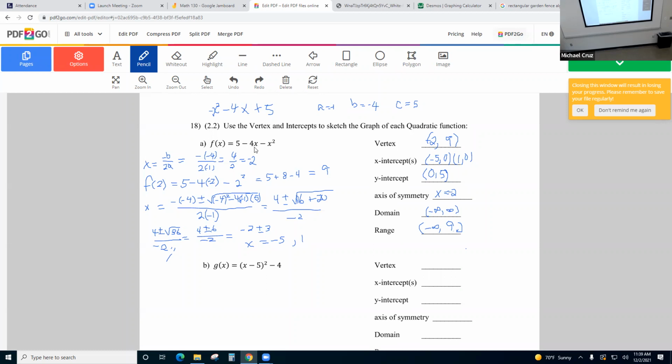If you put 0 there, you got 0. And so 5 minus or plus 0 is just 5. So when x is equal to 0, that's the definition of the y-intercept. So when x is 0, 5 is the only thing that's left. And since it's turned upside down, that's the high point.